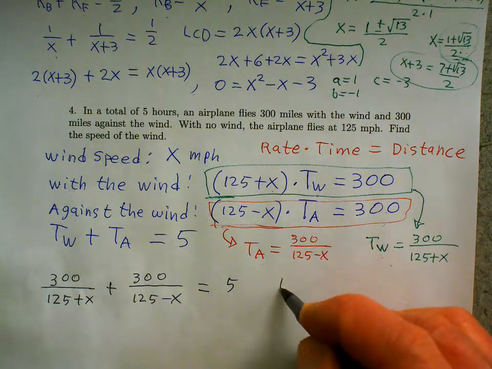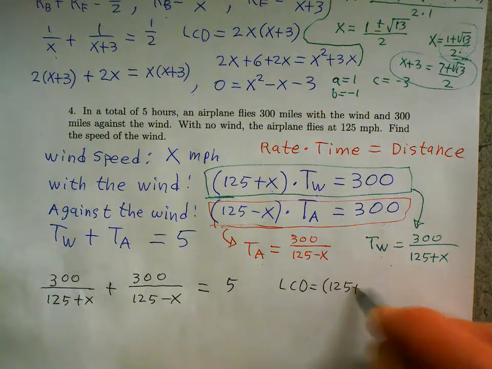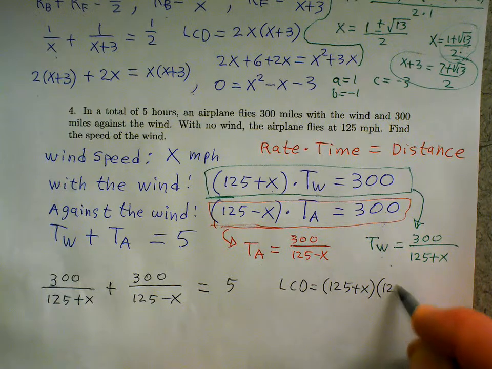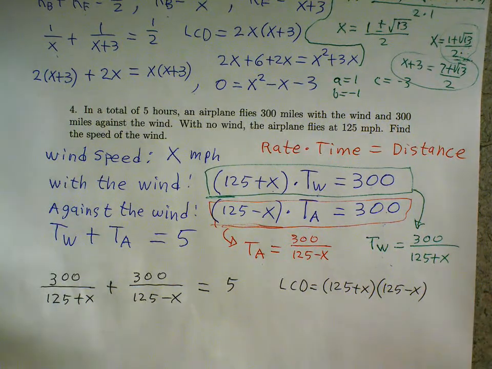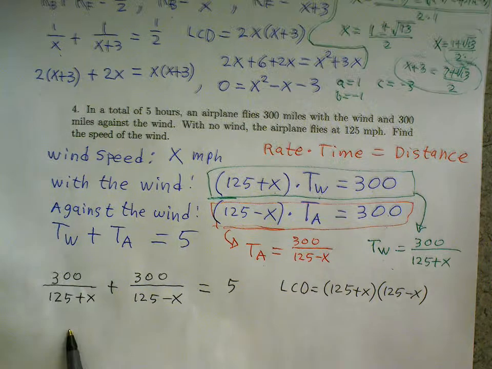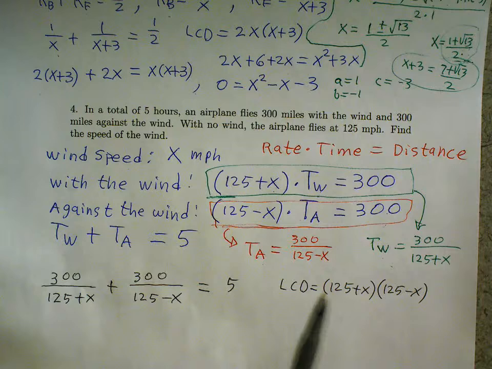The least common denominator is 125 plus x times 125 minus x. So we multiply every term on both sides of this equation by the least common denominator.